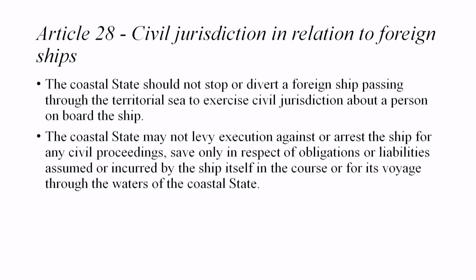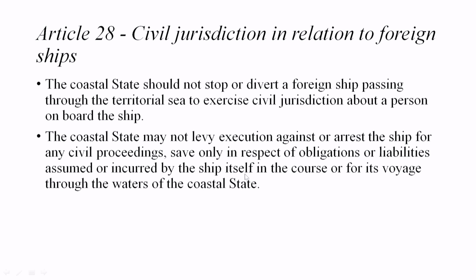So in such cases, when there are liabilities or obligations incurred of such nature, they may not allow the ship to pass through the territorial waters until those obligations are met or those liabilities are absolved. That is what the second point states.